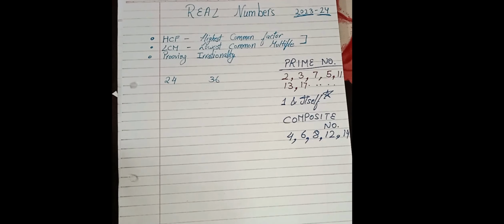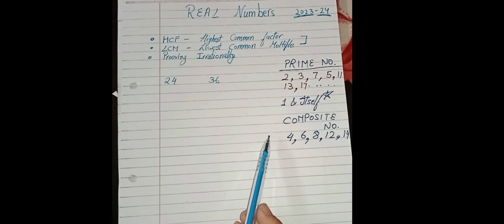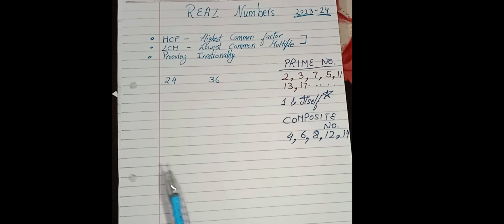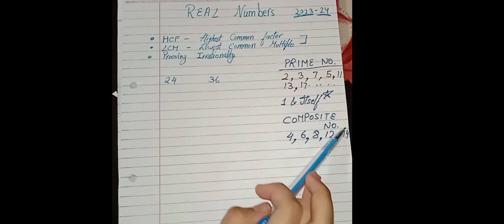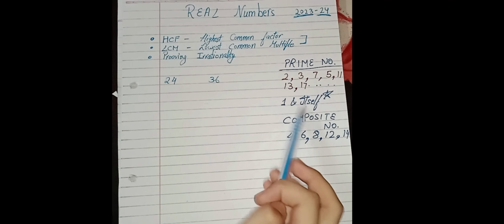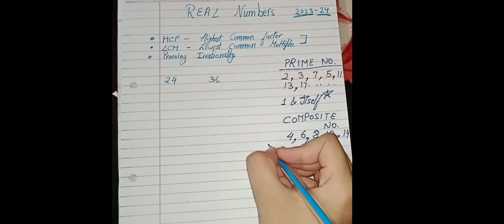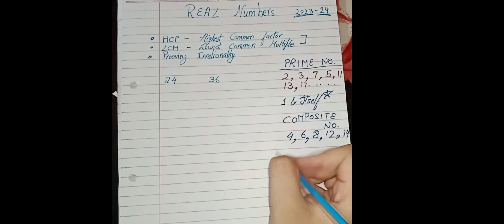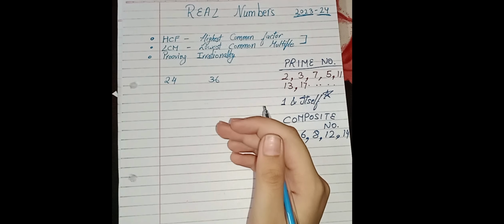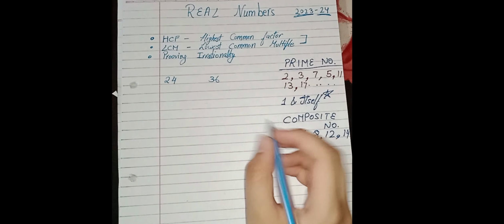If you focus on them, 4 occurs in the table of 2, in the table of 1, and in the table of itself, that is 4. These numbers all have one more factor other than 1 and the number itself. We can say they are numbers that have not only one factor but more than one factor.